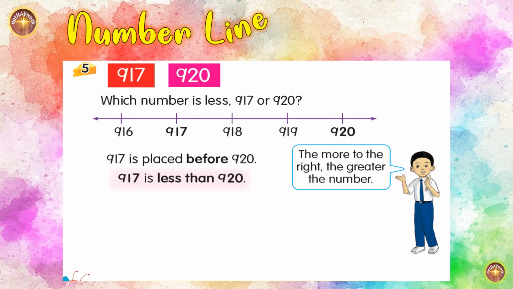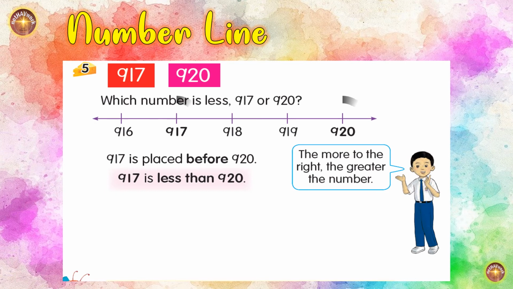Alright, for this one, let's compare using a number line. So we have two numbers, 917 and 920. Which number is less? Less meaning that small. 917 or 920. Let's look at this number line.